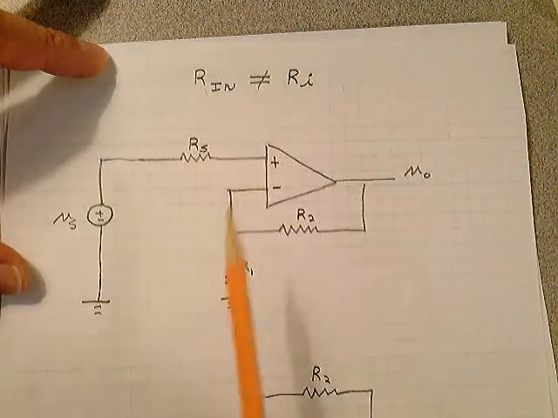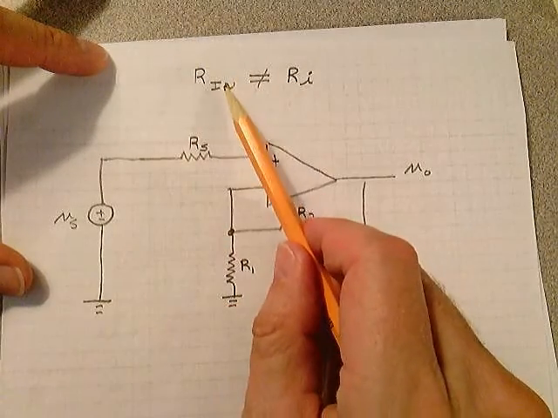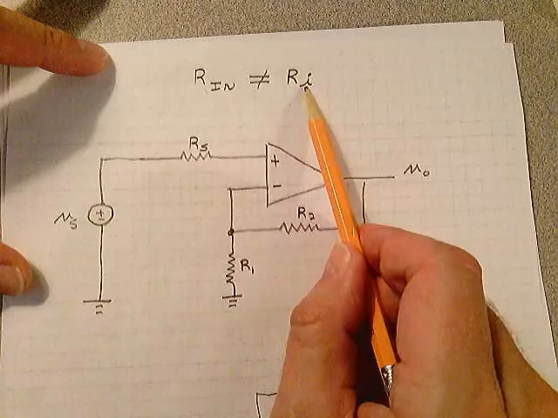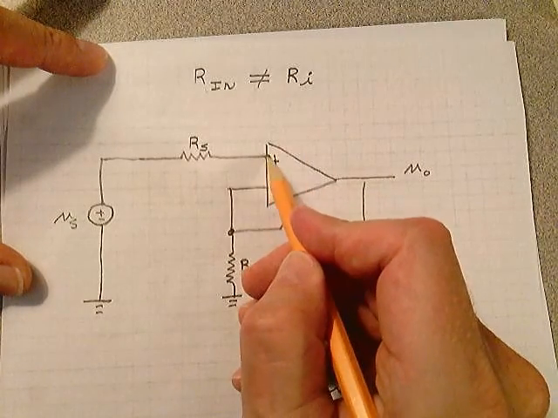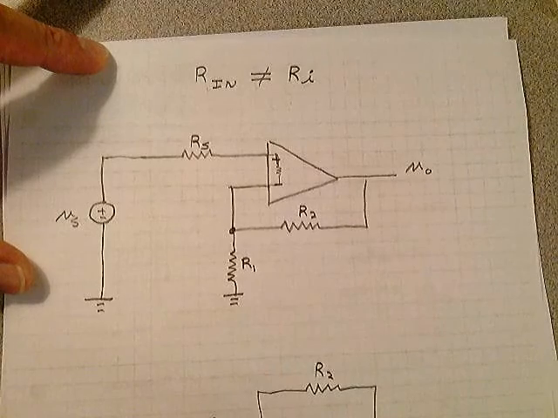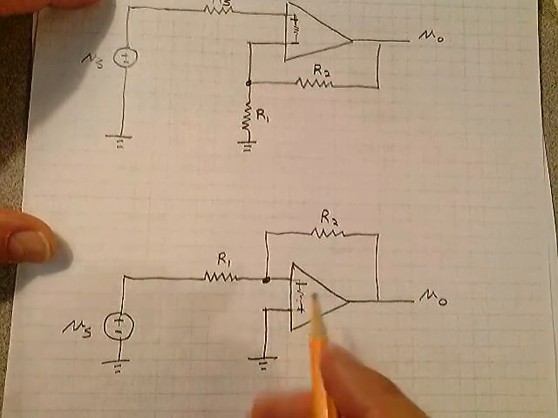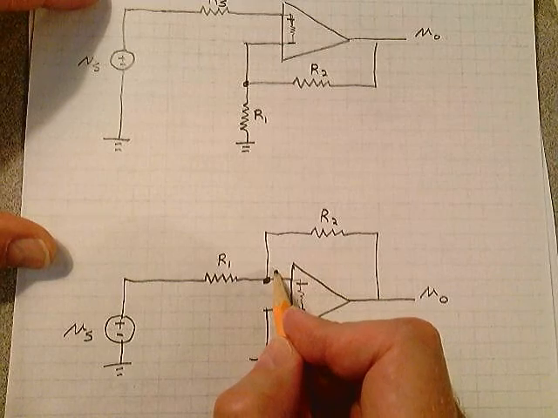I'm going to show you 2 examples down here, and real quickly I'm going to look at these calculations. But let's look at Ri. You know what Ri is. Ri was this input resistance here. It was infinity. Ri was looking in at this point.